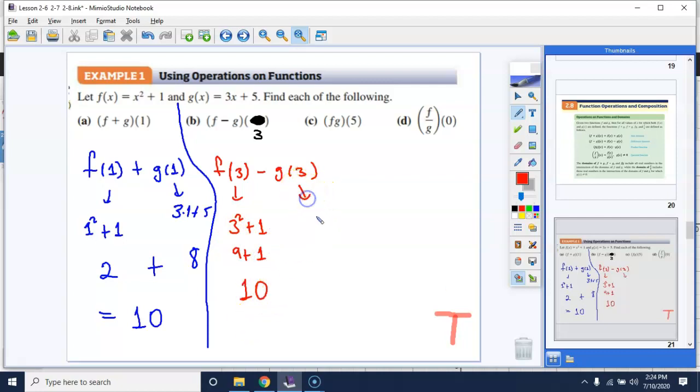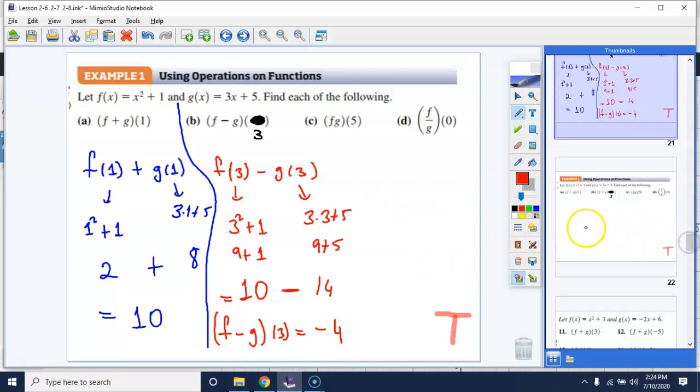So let's find g of 3. Plug in here, this should be 3 times 3 plus 5, 9 plus 5, so it should be equal to 14. But this is f minus g, right? So I'm going to subtract them. So if I subtract, f minus g of 3 should be equal to negative 4, and that's my answer here. Okay, nothing big deal, easy.